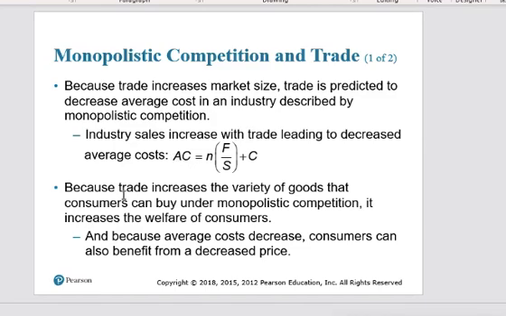And because trade increases the variety of goods that consumers can buy under monopolistic competition, it also increases the welfare of consumers, right? So what does that mean? It means when you have more choices, you are better off, right? Think about you have only two firms running in your market, Huawei and Xiaomi.